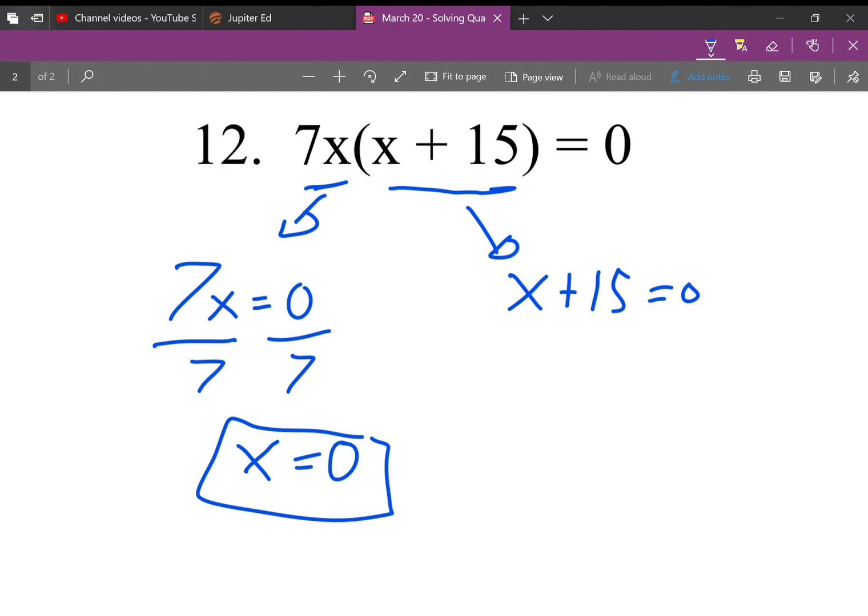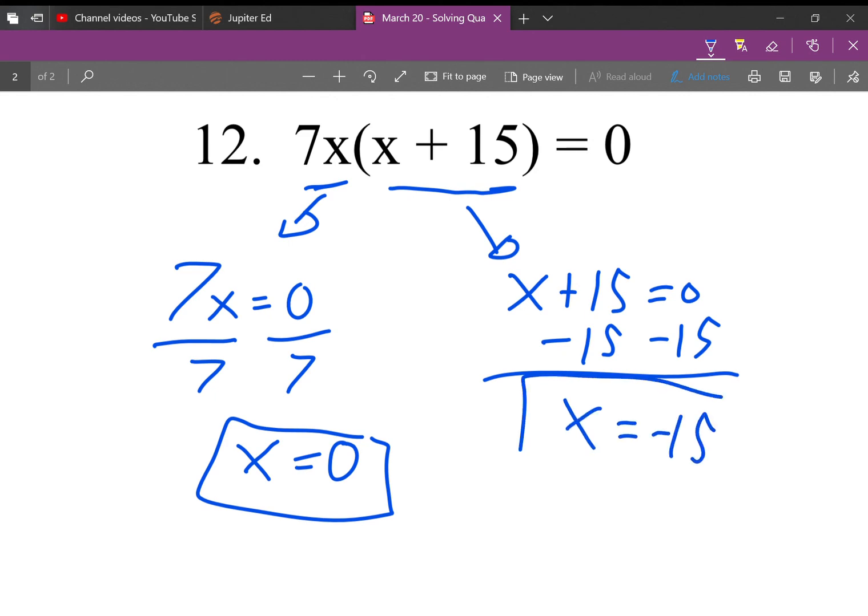But that's not the only solution. Over here on the right, I'm going to subtract 15 from both sides. And this gives me the equation x equals negative 15. So that's two solutions. And I believe on this set of problems, most of them will have two solutions. So just again, remember what's going on here.